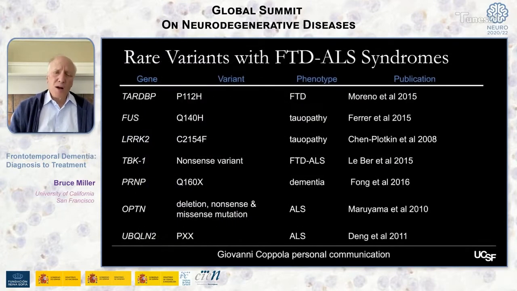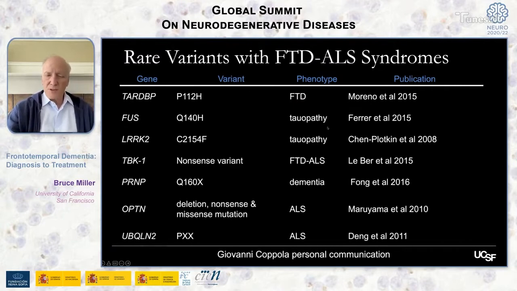I point out that probably another 20–30% of FTD patients have other genetic mutations. This is just a list of some of the genes that we have seen in our brain bank associated with FTD in individuals. I point out that TDP-43 often causes anterior temporal lobe degeneration.